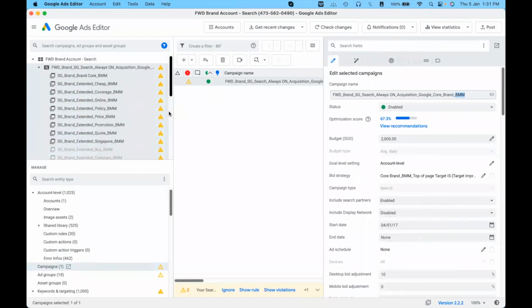Usually it is a good practice not to mix keywords in a campaign. Usually we keep it separate at the campaign level only. So the same keyword in broad I'll keep in one campaign, the same keyword in exact I'll put in another campaign.